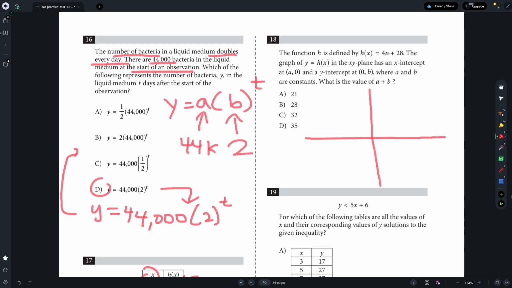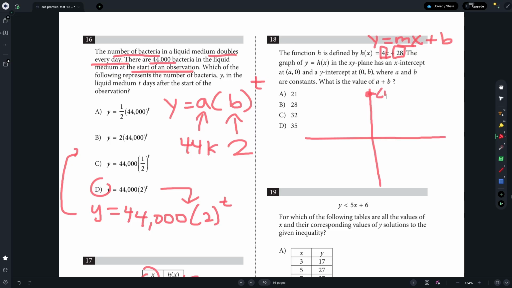Yeah, so it has a 4x, so y equals mx plus b. It's written in this format. We know that 4 is the slope because it's m, and 28 is the y-intercept. So let's say this is about 28. We know right here that is the y-intercept. That is a point right here.